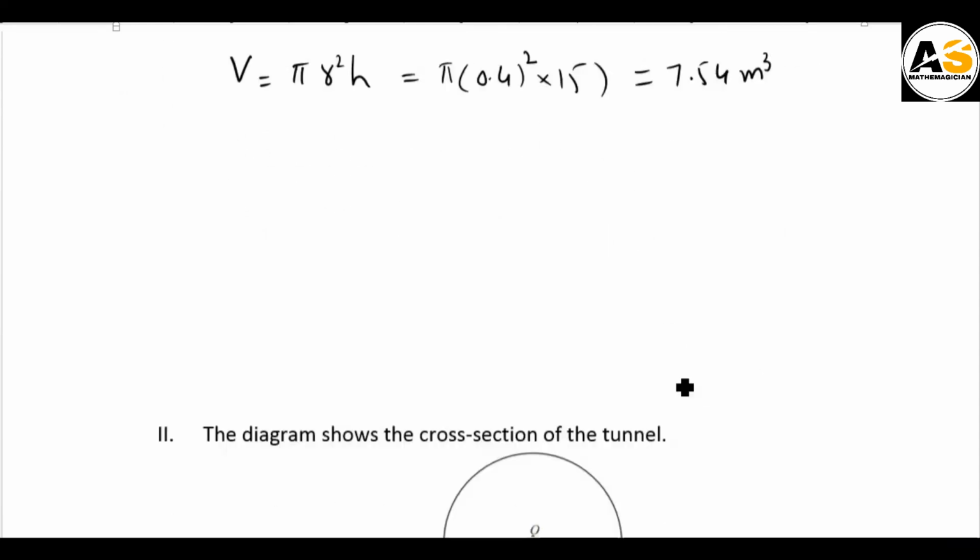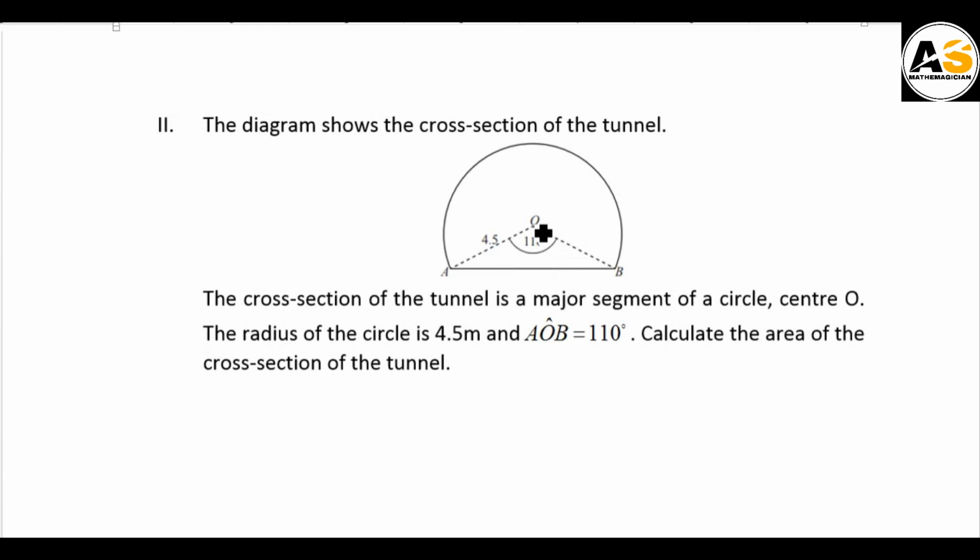In next question, we are given the cross section of the tunnel. This is the tunnel. This radius is 4.5 meter and angle AOB is 110 degree. We have to find the area of cross section. Area of cross section is basically this whole area, which consists of this triangle and this major sector.